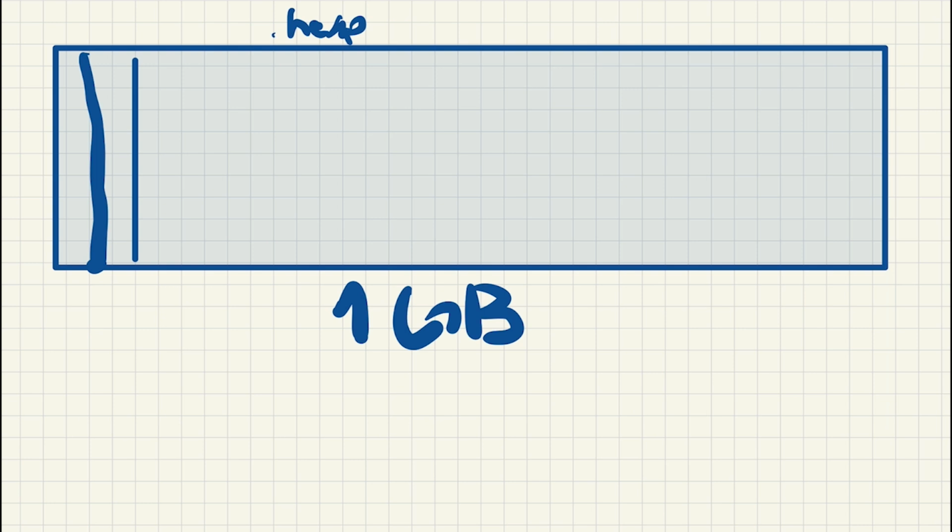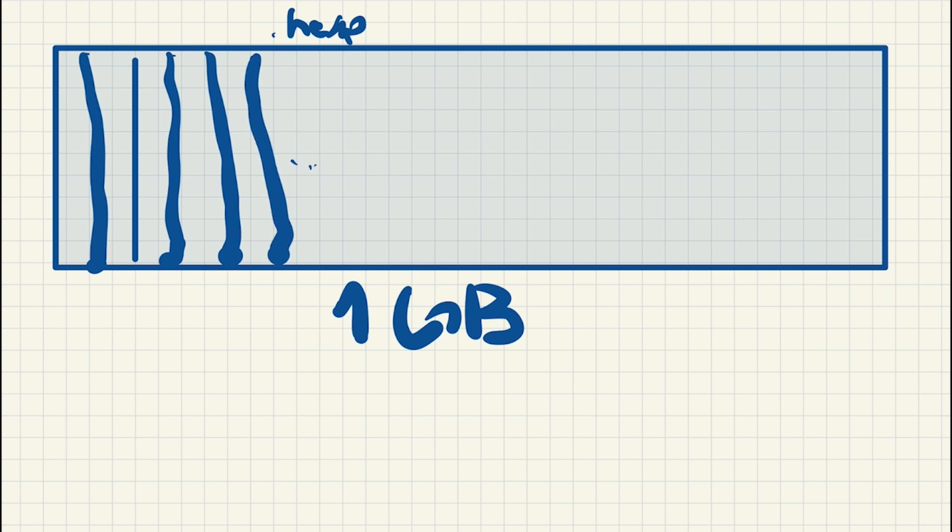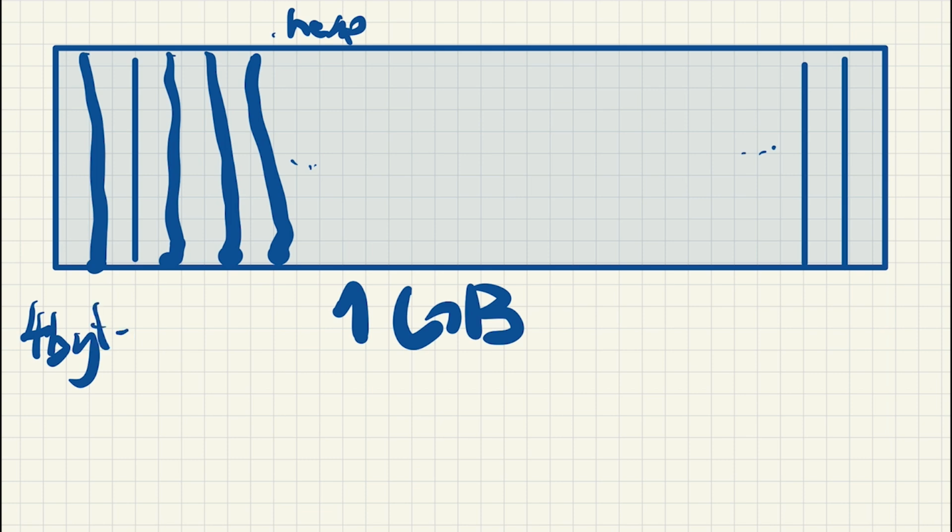So we will have a lot of these different sections, so to speak, all the way up here. Each of these segments is 4 bytes each, or 32 bits.